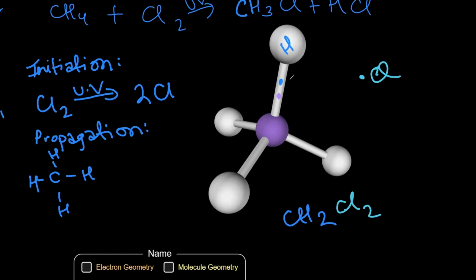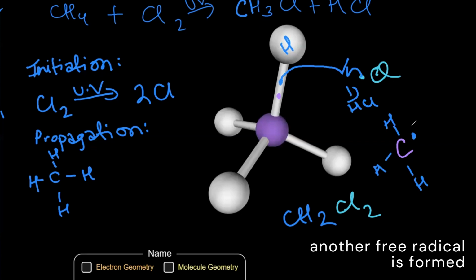So this electron of this hydrogen will react with the electron of chlorine and form HCl. And this methane here, therefore, will be left like this, CH3 with a free radical. We can form CH3 free radical plus HCl.